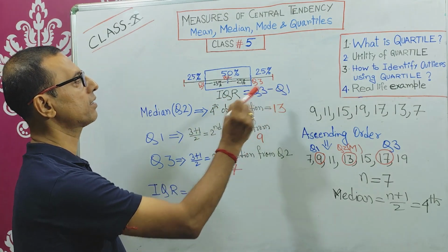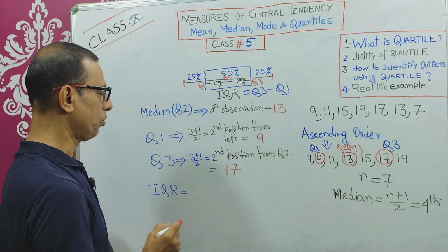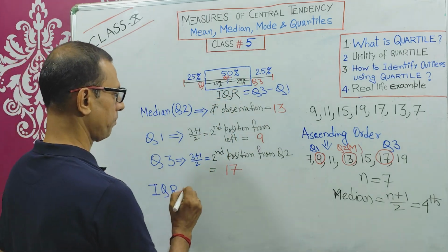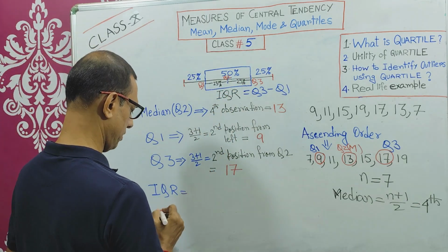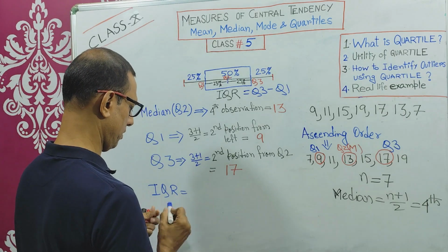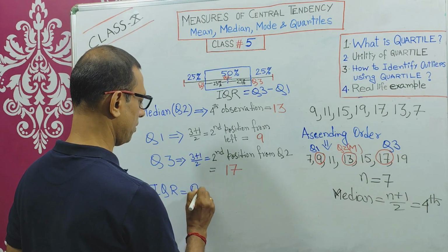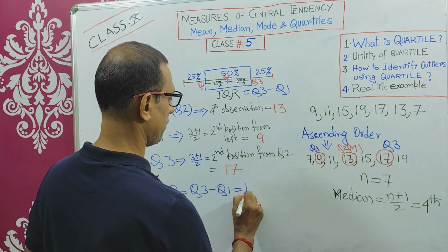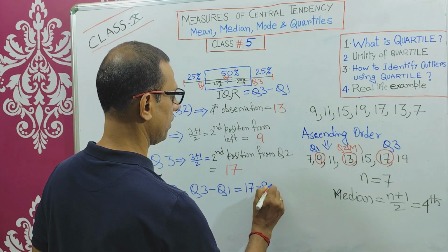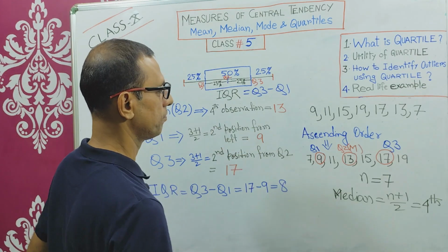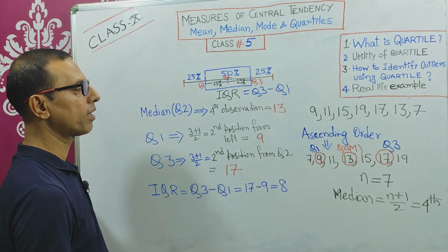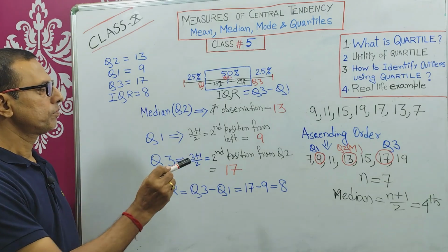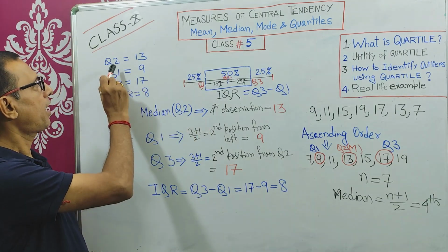Q3 minus Q1. Q3 is 17. Q3 minus Q1 equals 17 minus 9 equals 8. So the IQR is 8.